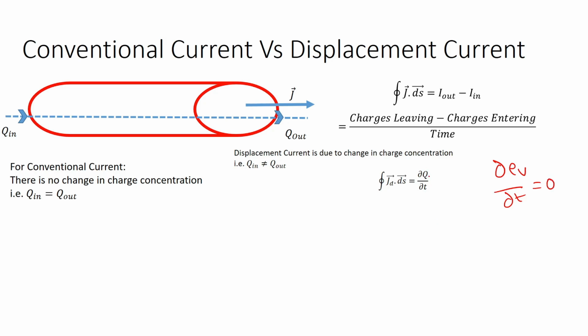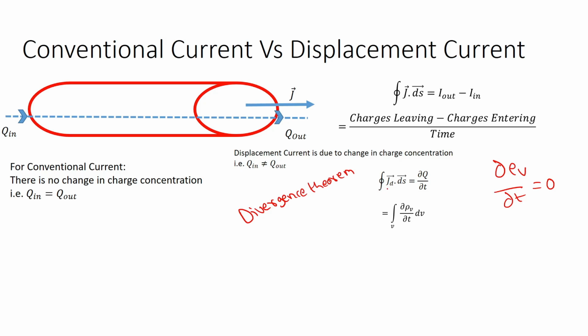Because what is Q? Q is nothing but the volume integral of rho v. So if I rewrite this expression, I can write that the closed surface integral of Jd bar ds bar is equal to the volume integral of dou by dou t of rho v dv. If I rewrite this expression using the divergence theorem, what does the divergence theorem say?